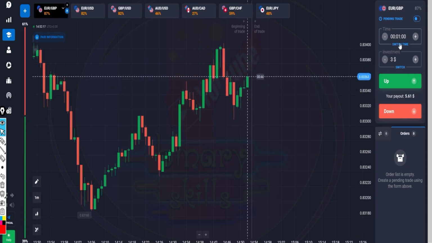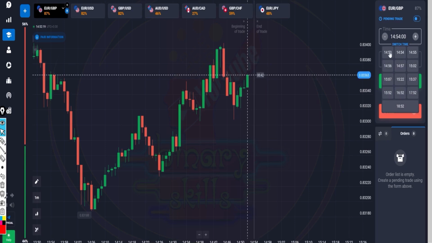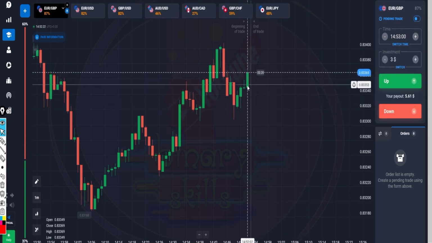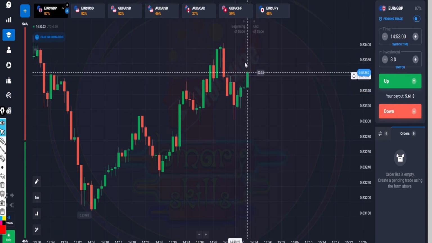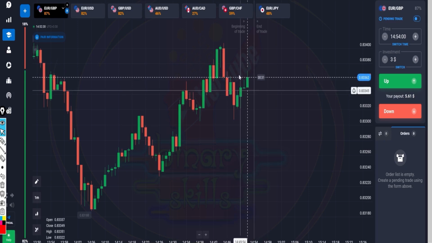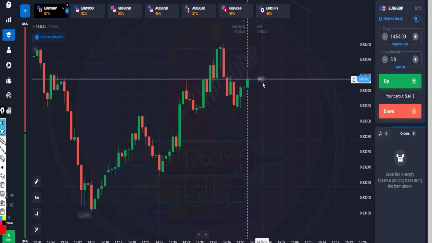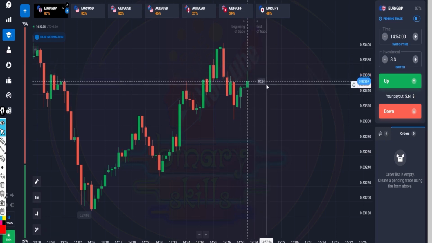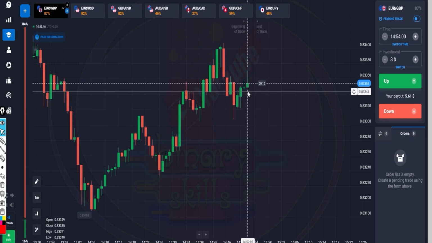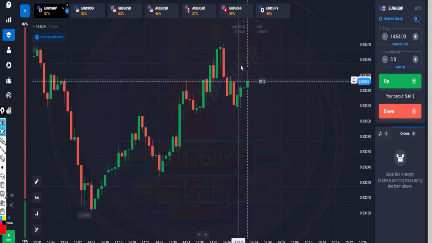However, if I click on the time switch again and it changes to show the clock, then my trade will close with the end of the current candle if I open it before the 30-second mark. The important point here, guys, is related to the 1 minute time frame. You can see the countdown timer. It starts at 60 seconds and counts down to 0. If I open a trade before it reaches 30 seconds, my trade will close at the end of this candle.